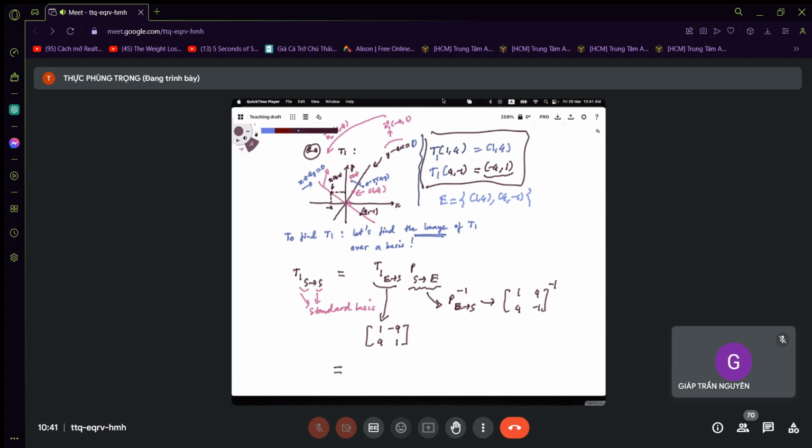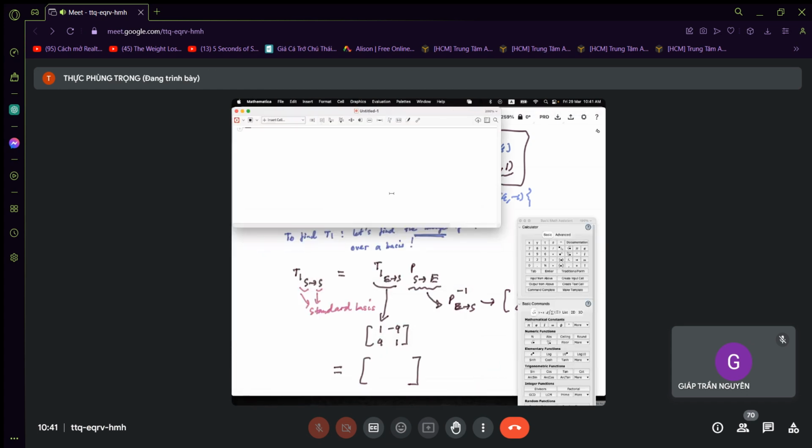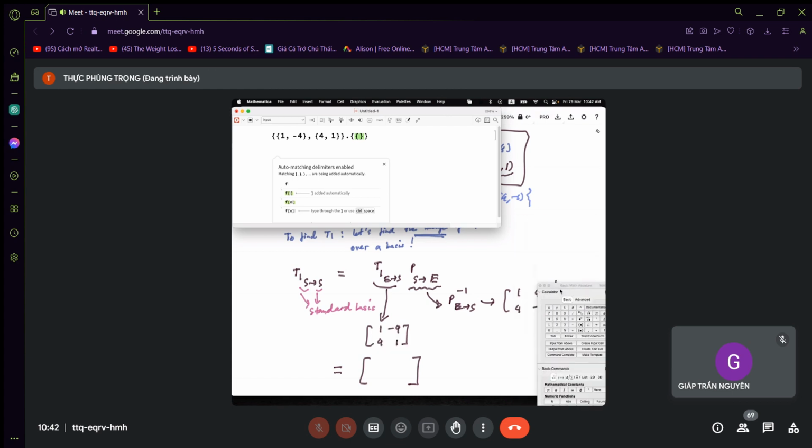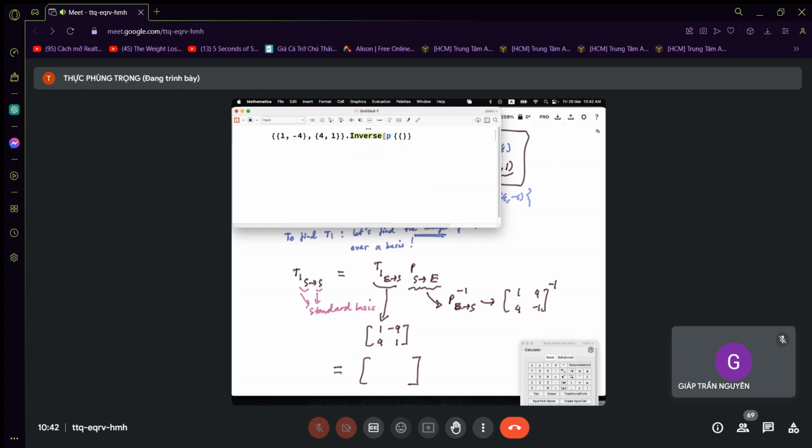So let's see what we get right here. I need a calculator right here to get the answer. We need to take the inverse of this one. So the one right here, we have (1, 4), and this one is (4, minus 1).